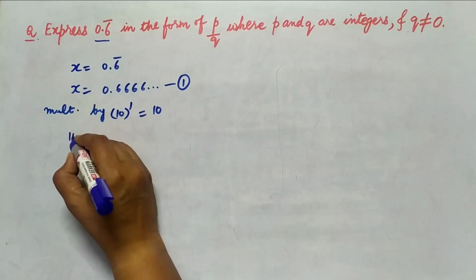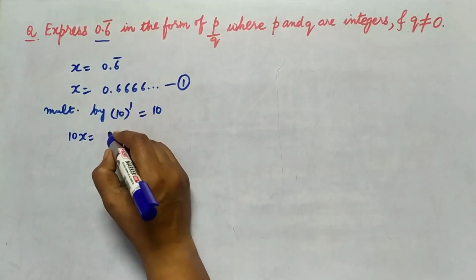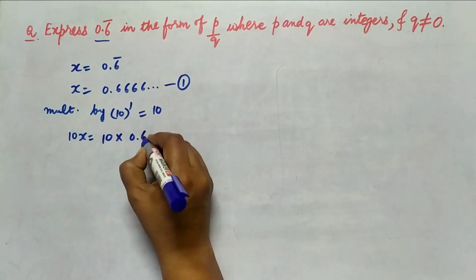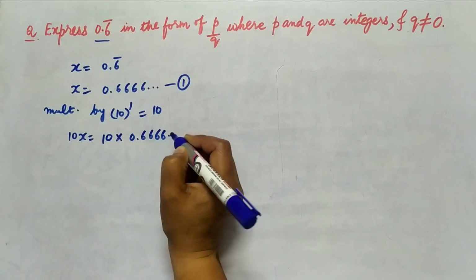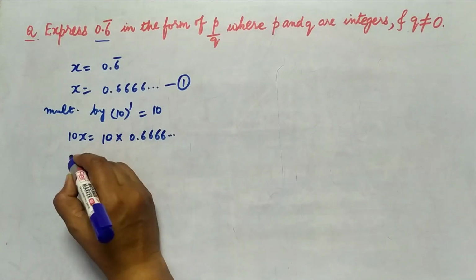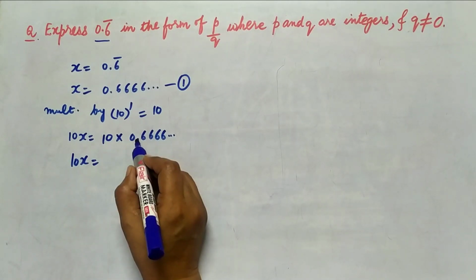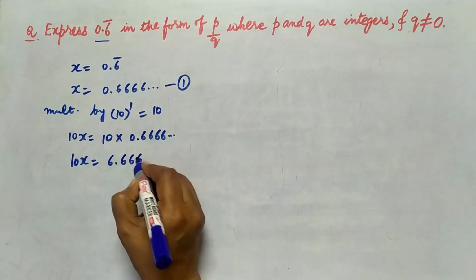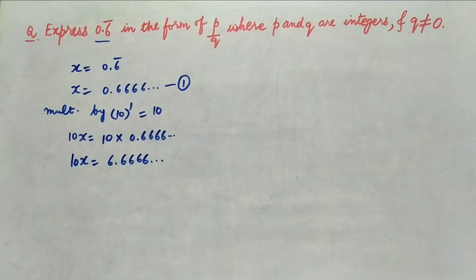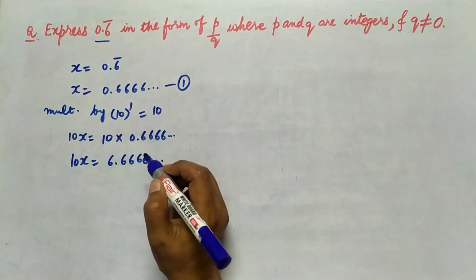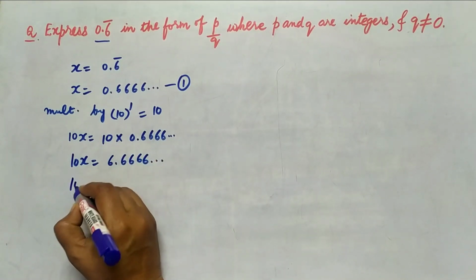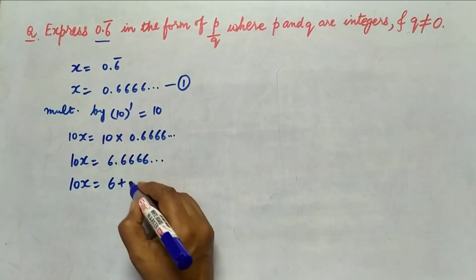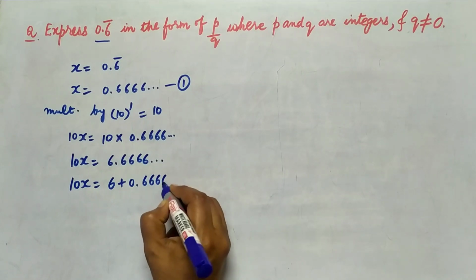It becomes 10x is equal to 10 multiplied by 0.6666. The decimal shifts one place, so it becomes 6.6666, because we have multiplied by 10. Now this can be written as 6 complete number plus 0.6666.